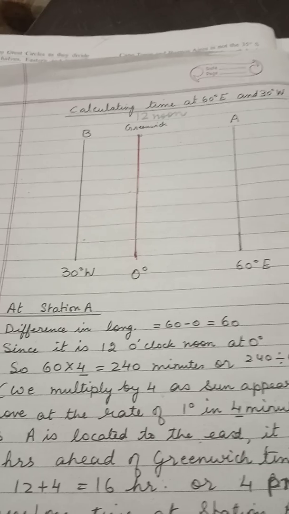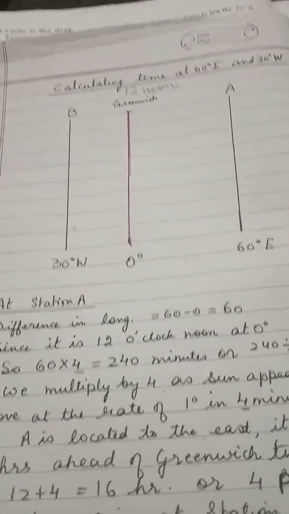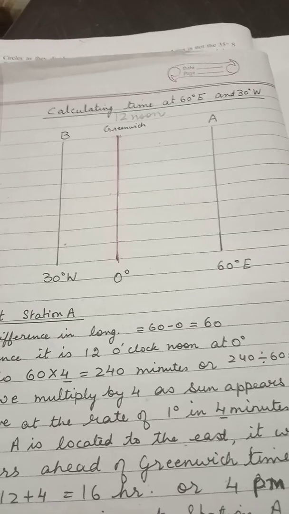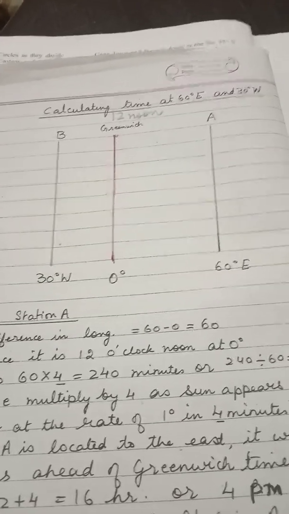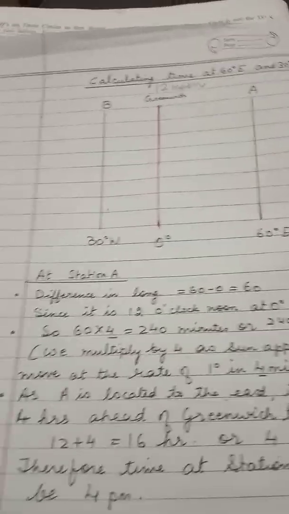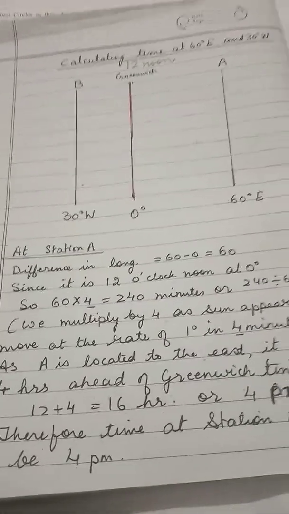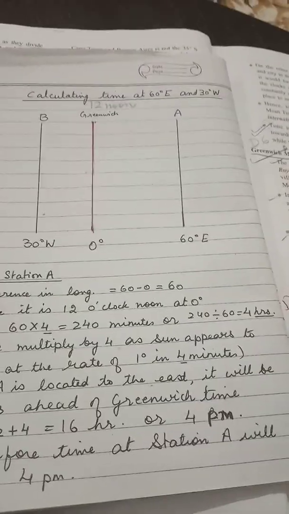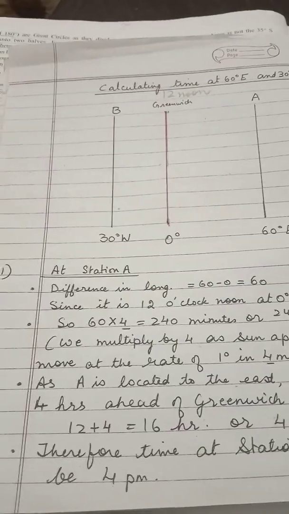Why do we multiply by 4? Because the sun appears to move at the rate of 1 degree in 4 minutes. So 60 into 4 is 240 minutes, and converting into hours, 240 divided by 60, we have 4 hours. Because A is located toward the east, it will be 4 hours ahead of Greenwich.